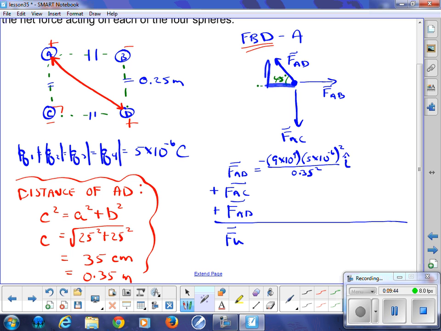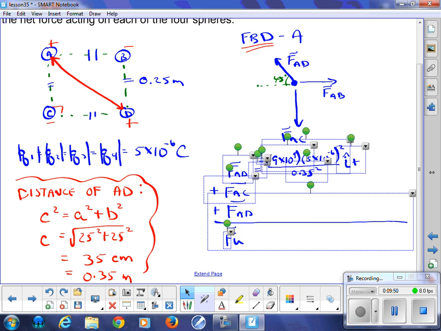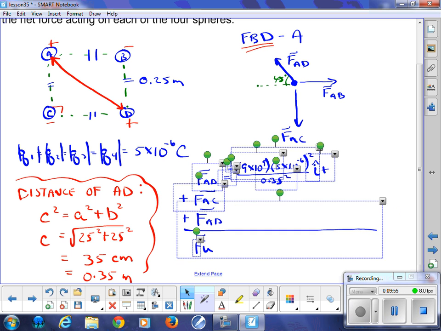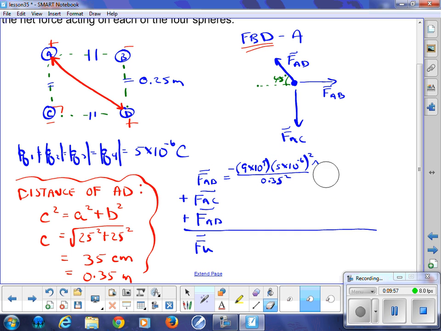So that's I plus, oops, I need my 45 as well. Let's move it over, give me a little bit more room. That would be cos 45 I plus 9 times 10 to the 9th, 5 times 10 to the negative 6 squared over 0.35 squared.